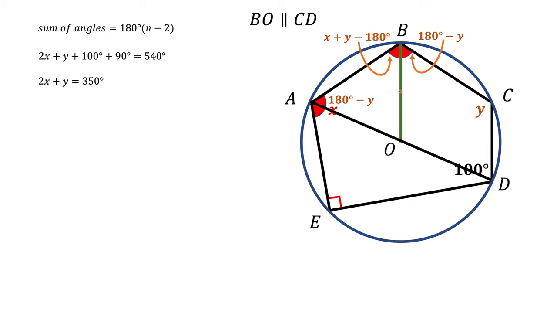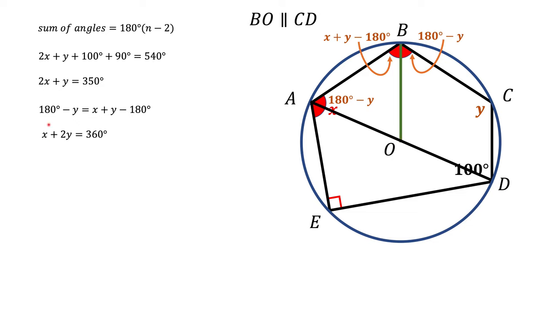AO and BO are radii, so triangle AOB is isosceles. Angles at the base of an isosceles triangle are congruent, and that means that this angle right here should be equal to this angle. That gives us this relationship. We simplify and we get an expression for X and Y.